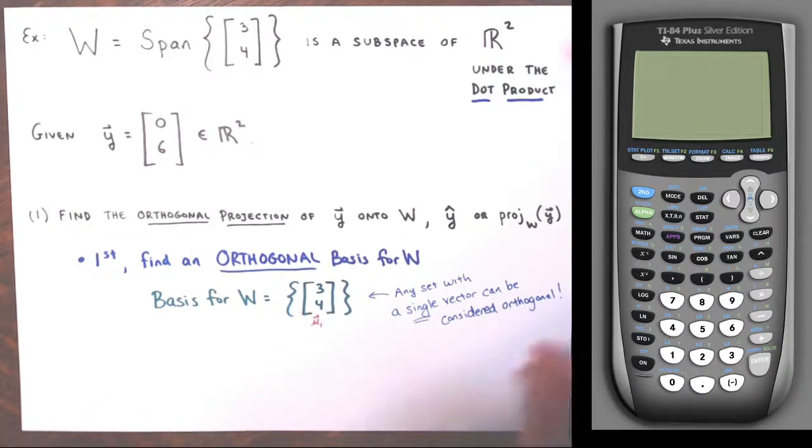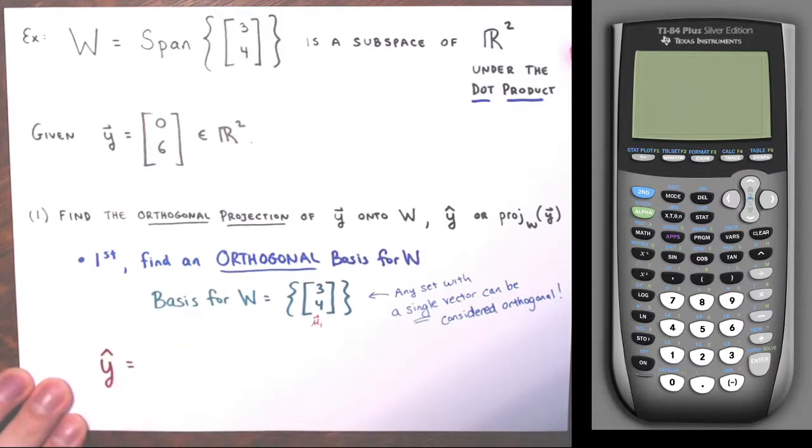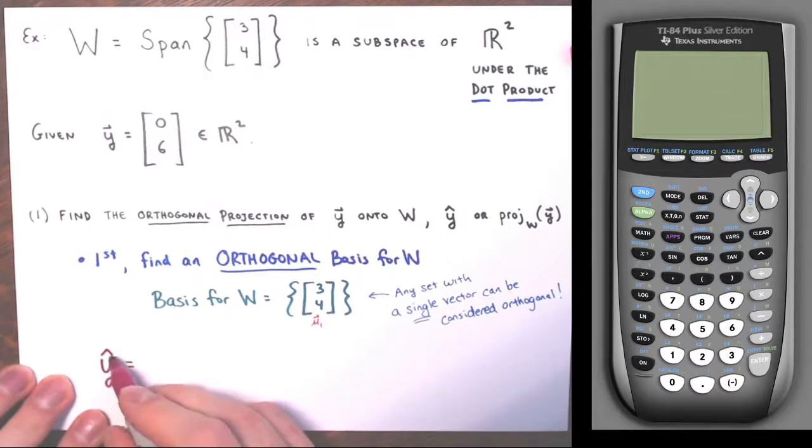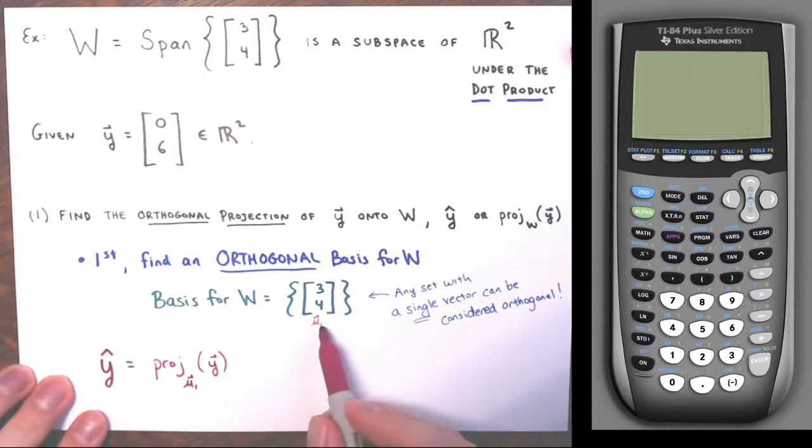So y hat, this orthogonal projection, remember the formula from earlier: the orthogonal projection of a vector onto a subspace with a certain orthogonal basis was just the sum of the projections of that vector onto each basis vector. So y hat here is going to be the projection of y onto U1, and that's it, because there aren't any other vectors in this orthogonal basis. If there were more, then I'd be adding more projections.